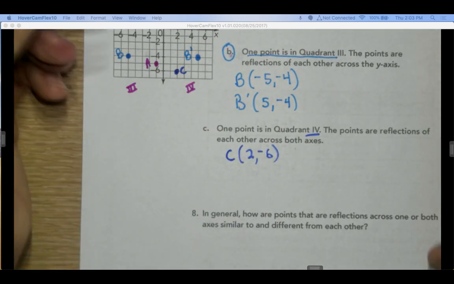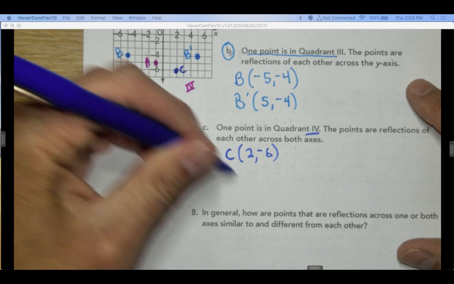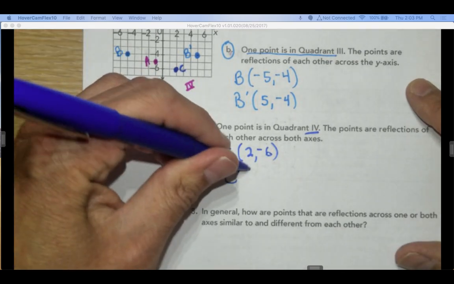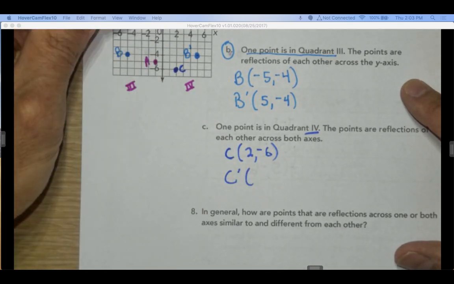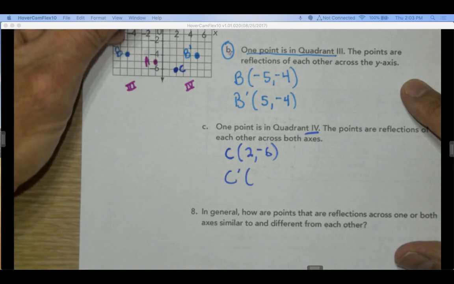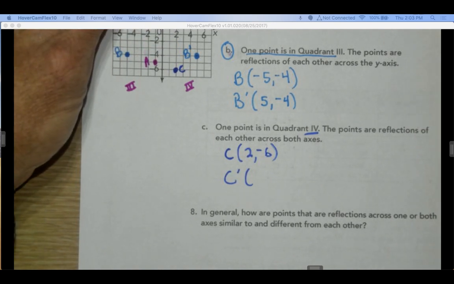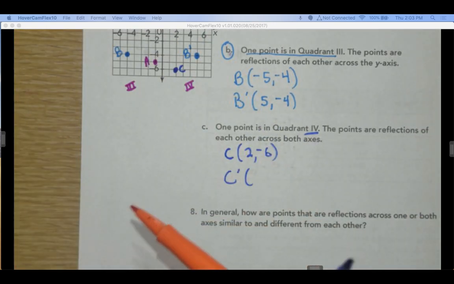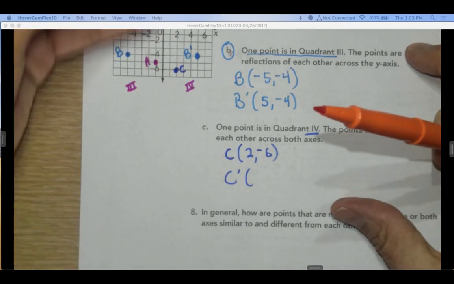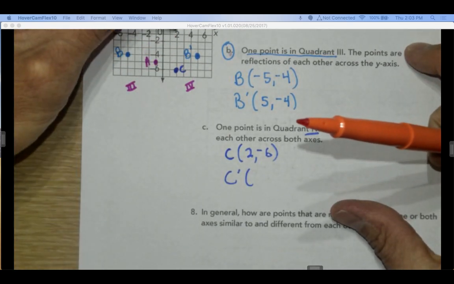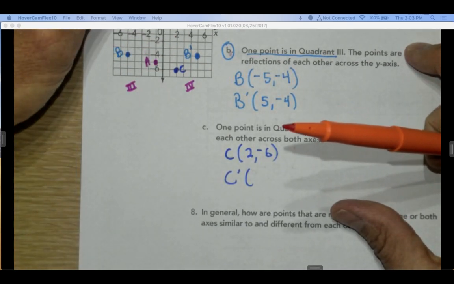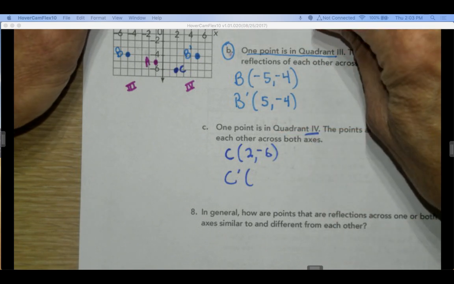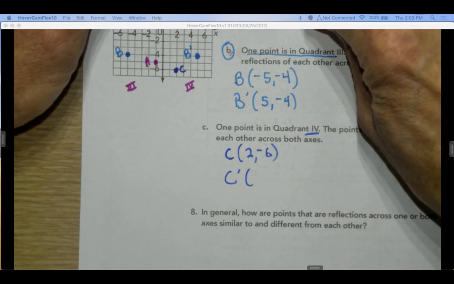This is a tricky one here. So C prime, I need to flip it over the x-axis. So I'm going to flip it over the x-axis first. And so when it flips up, then it would be at 2, 6, so it would be right there.